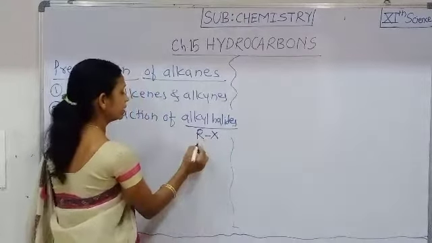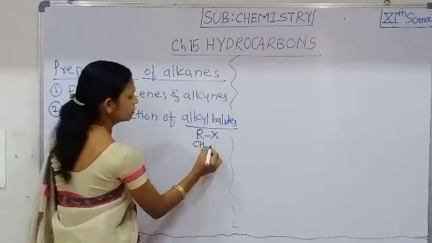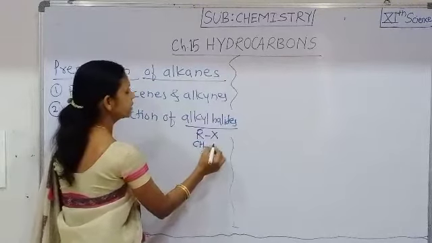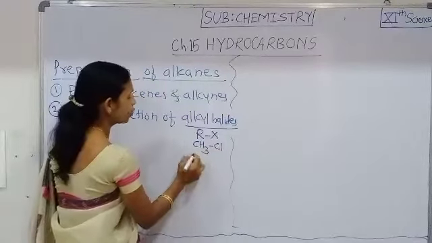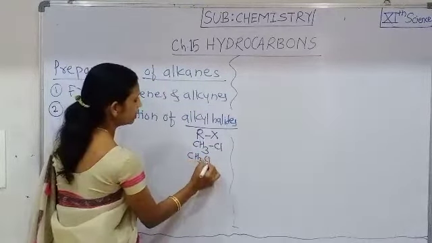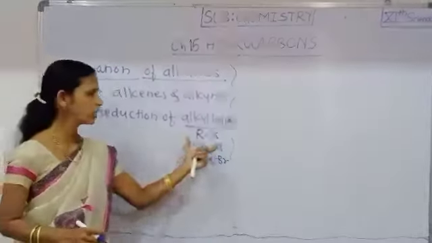Examples of alkyl halides are CH3Cl, methyl chloride, CH3CH2Br, ethyl bromide, n-propyl iodide, n-propyl chloride.